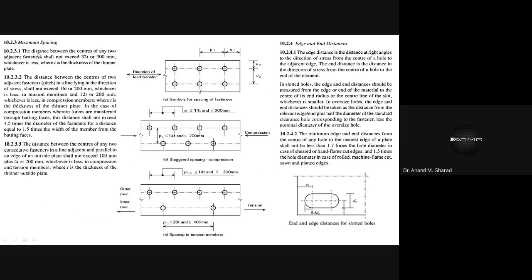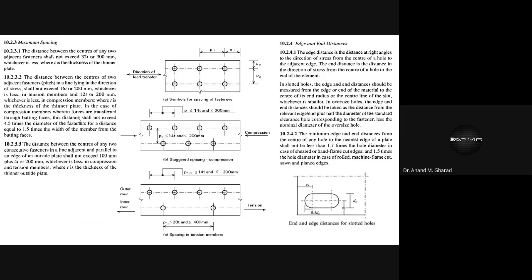It says the distance between centers of any two adjacent fasteners or bolts shall not exceed 32 times small t or 300 mm, whichever is less, where t is the thickness of the thinner plate. Any connection will consist of two or more plates, and it is not necessary that the thickness or dimension of these plates will be the same.